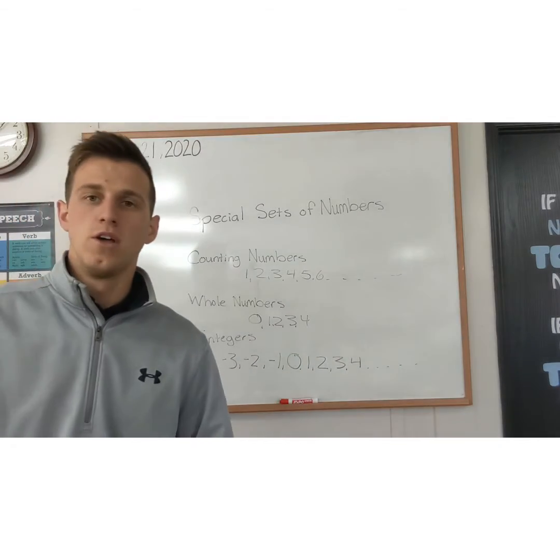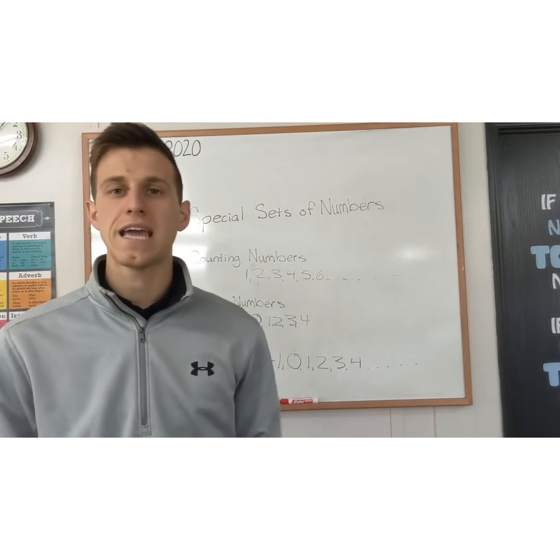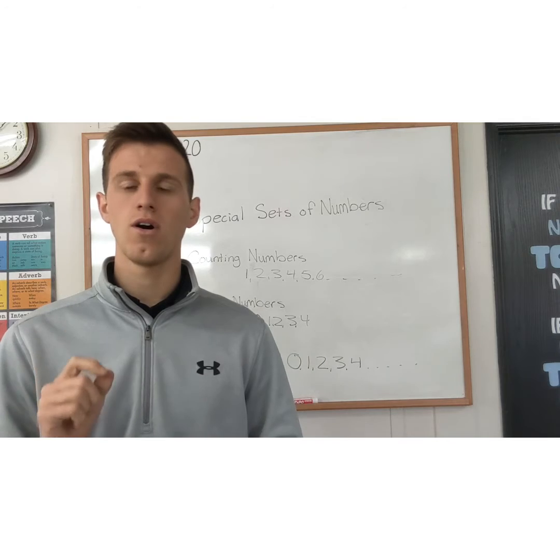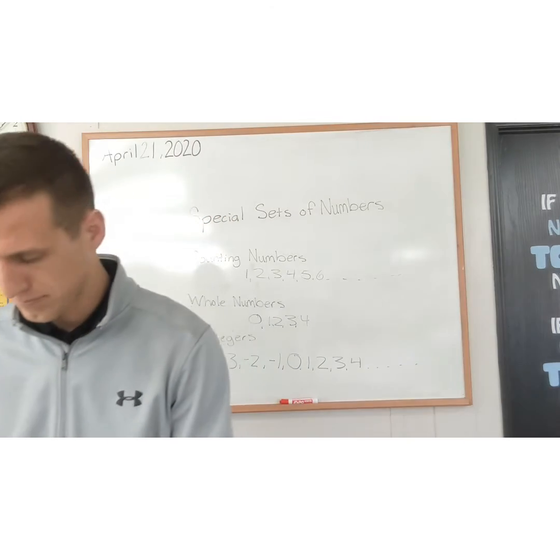that way, all right? So your counting numbers are simply 1, what we use to count numbers, and your whole numbers are your counting numbers, and also 0 is in with that, and your integers are any whole number and its opposite, all right?